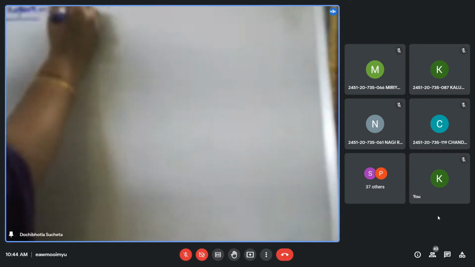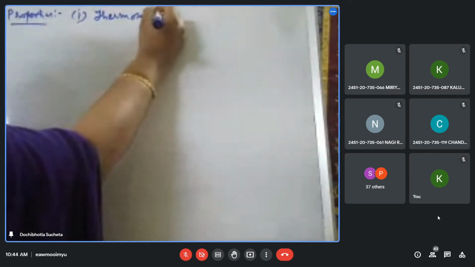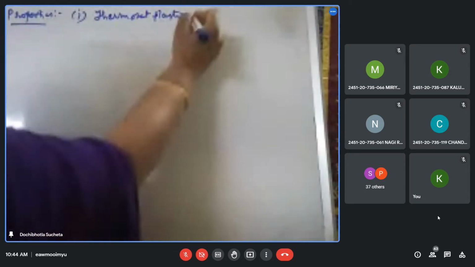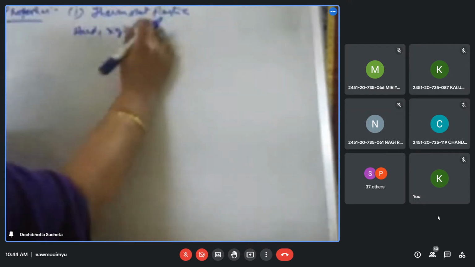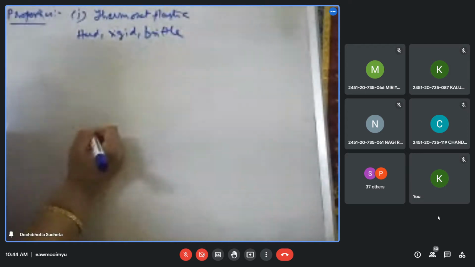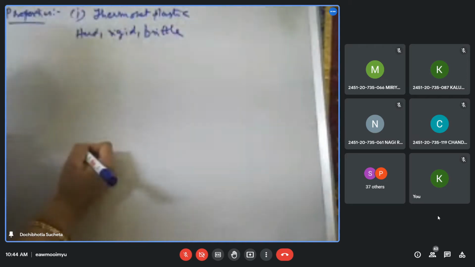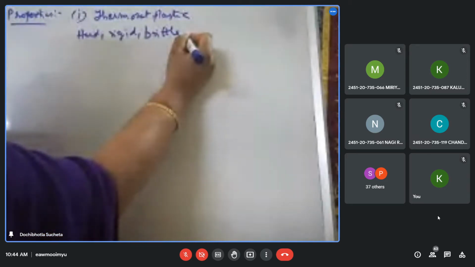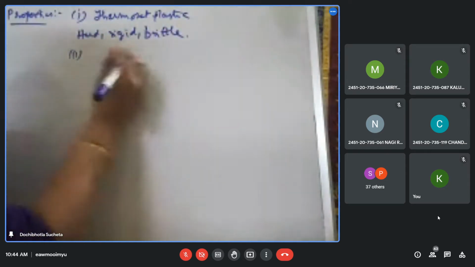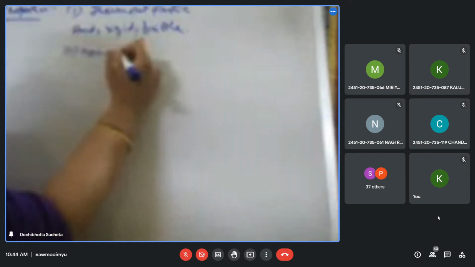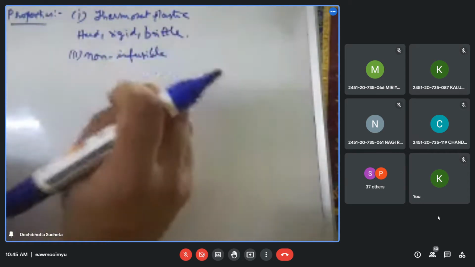We'll quickly jot down a few. First one, thermoset plastic: hard, rigid, brittle. Non-infusible, that means it does not melt.